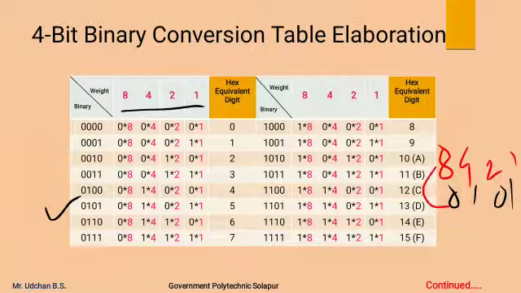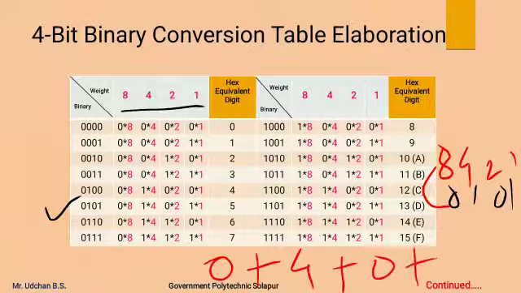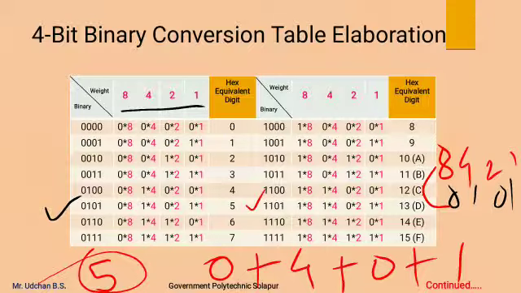Now this 8 multiplied with 0 will give you 0, plus this 4 multiplied with 1 will give you 4. Again 2 multiplied with 0 will give you 0, plus 1 multiplied with 1 will give you 1. Adding all these terms we will get 5 as the equivalent hexadecimal number. So for 0101 you will get 5 as a hexadecimal number. This is how all the 4-bit binary numbers are converted into hexadecimal numbers. You can check for the rest of the binary numbers.